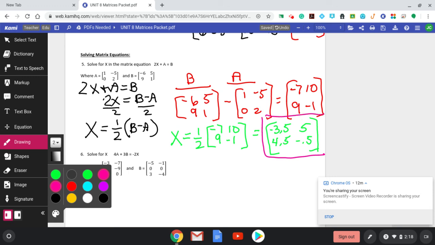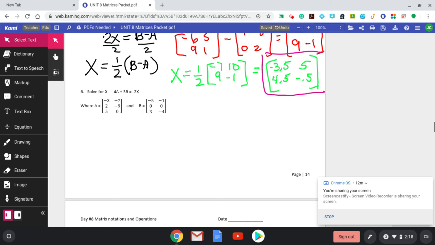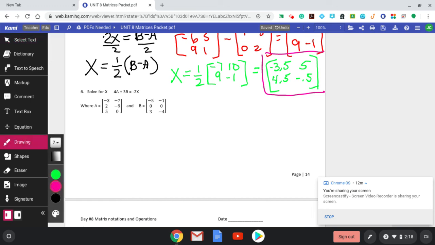Okay. All right. I'm going to let you guys do some work on your own here for this next one. I'll get you started, and then I'll write the final answer down. You'll see here we got to solve for matrix X again. All right, and now I have 4A plus 3B equals -2X. Got to get X by itself.